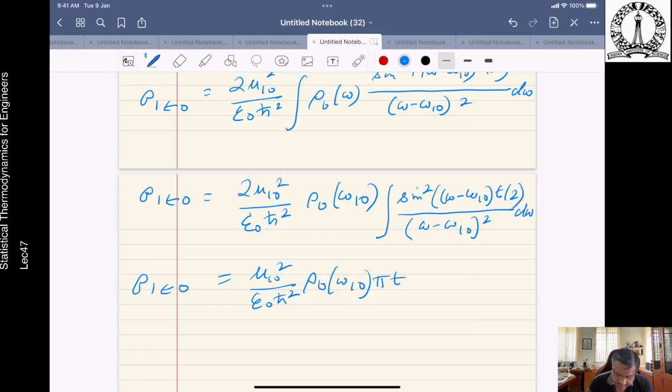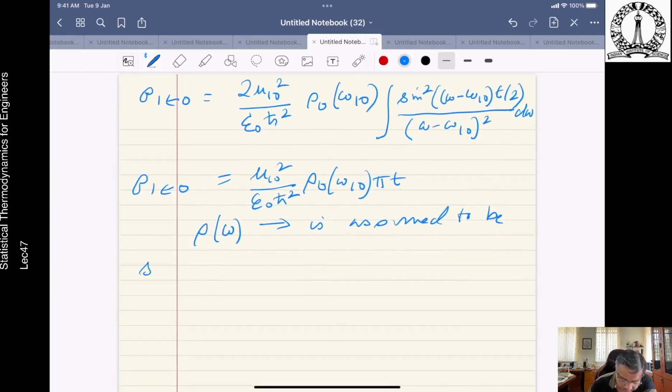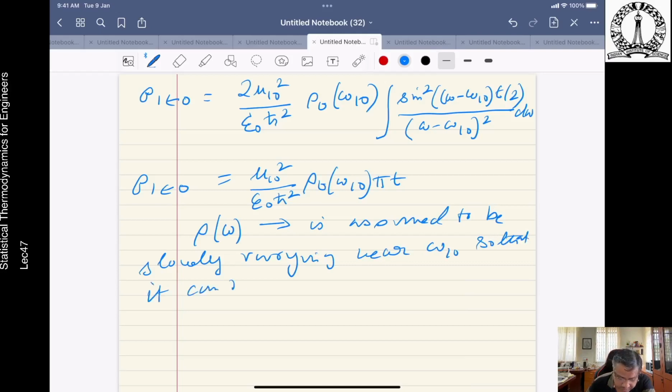Rho omega is assumed to be slowly varying near omega 10, so that it can be removed from the integration.